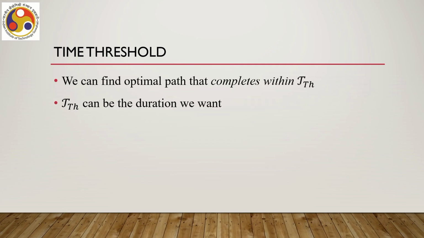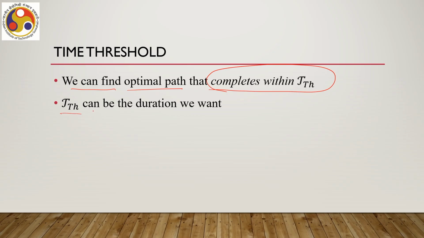So, essentially what we are trying to do, we can find an optimal path that completes within the threshold time. Now, when I say complete, essentially that means that the user should be able to cover the optimal path within this time threshold.